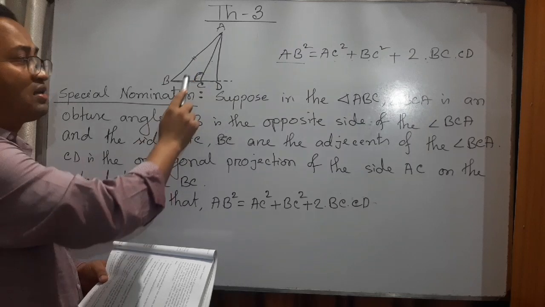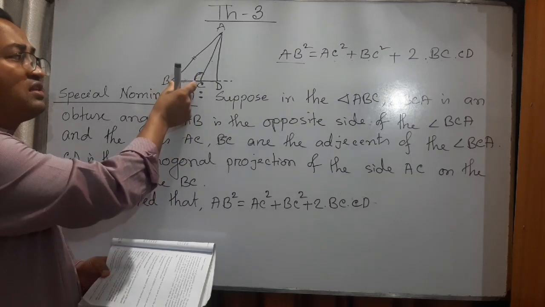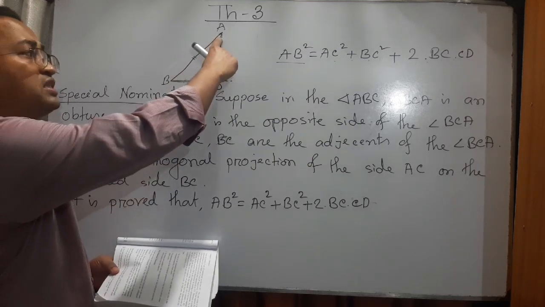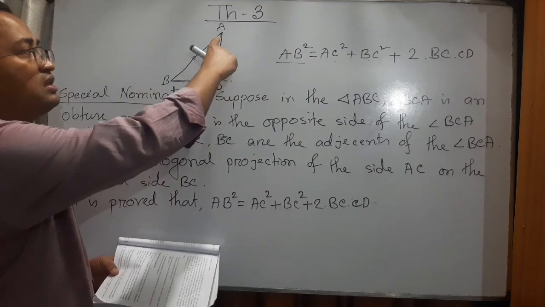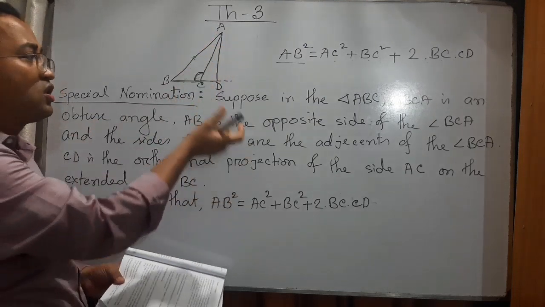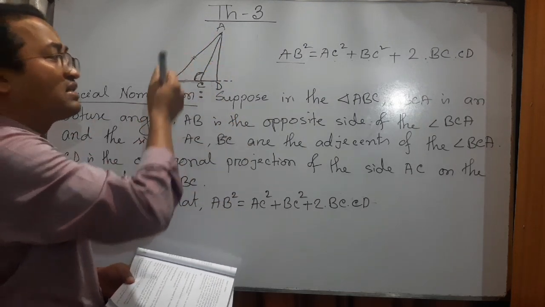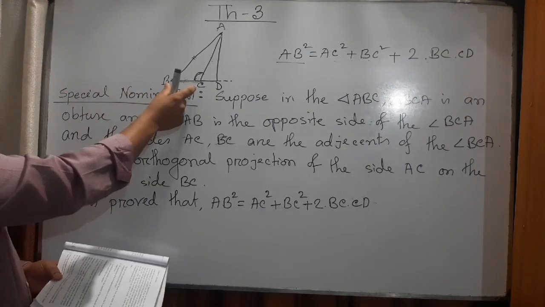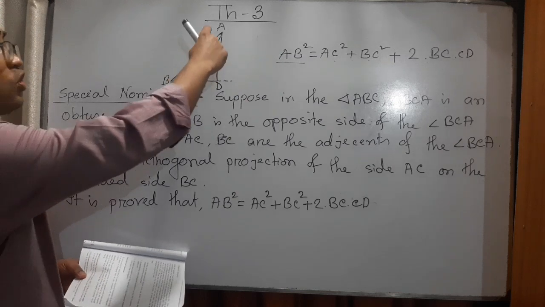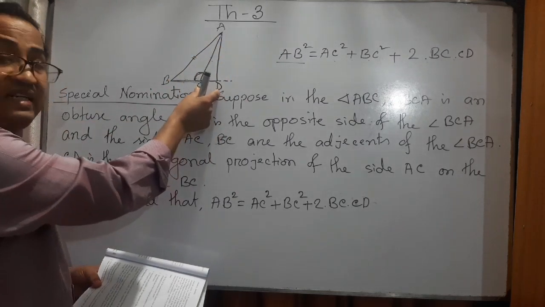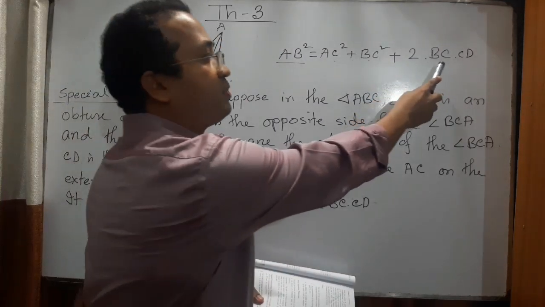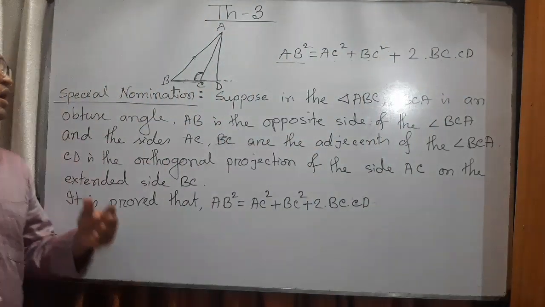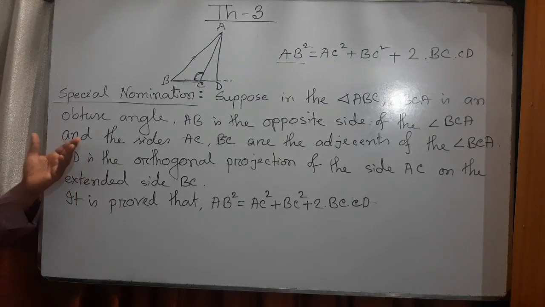Either of the two other sides means if you consider this is length, the orthogonal projection of AC will be breadth. If you consider this is length, the orthogonal projection of BC on AC will be breadth. So now here I consider BC is the length and the orthogonal projection of AC, that is CD, is breadth. So the area will be BC into CD. This is our proof.